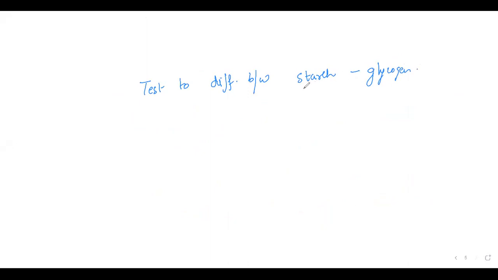If we pour iodine solution on starch, either amylose or amylopectin, then starch reacts with this iodine solution and gives blue color. Whereas when iodine solution is poured upon glycogen, it will give us red color. So this is a basic chemical test to differentiate between starch and glycogen because they have almost similar structure. The only difference is in their complexity.